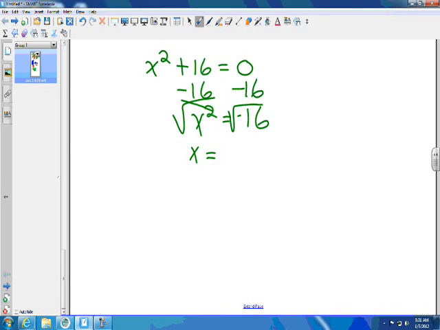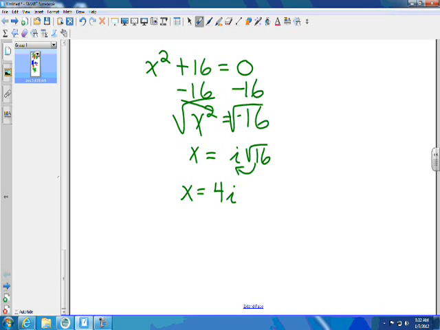What do we have to do first in this problem? Take the i out front. So we would have i square root 16, and what is the square root of 16? So we would have 4i. There's nothing left under the radical because 16 is a perfect square. 4i would be your answer.